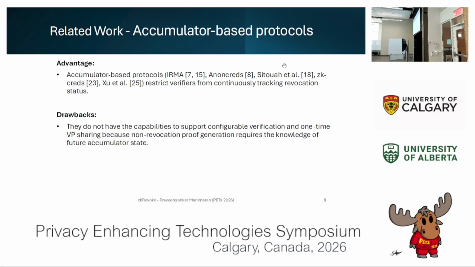But the only problem is that they do not support configurable period or one-time sharing, because to generate a non-revocation proof, a holder needs knowledge of the future accumulator state, since accumulators are updated during revocation. Because of that, holders have to fetch the accumulator state each epoch, update the proofs, and then share them with the verifiers.